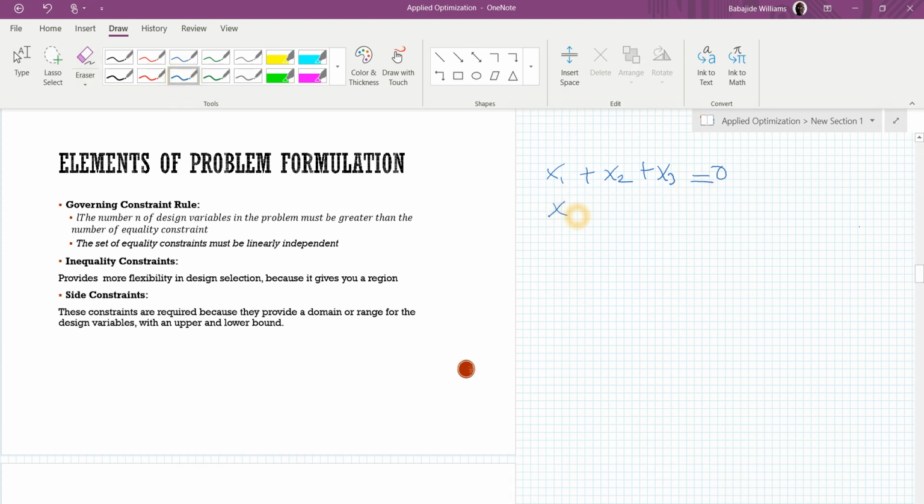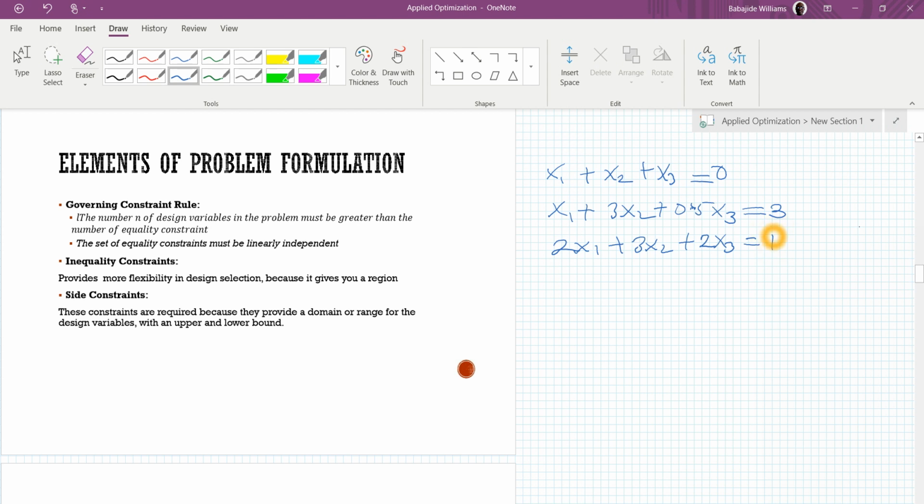Then you have x1 minus 3x2 plus 0.5 x3 equals, let's say, 3. Then we have 2x1 plus 3x2 plus 2x3 equals 1, for example.